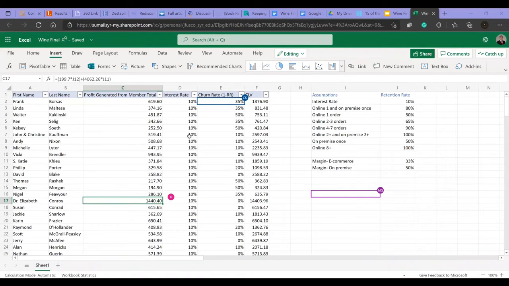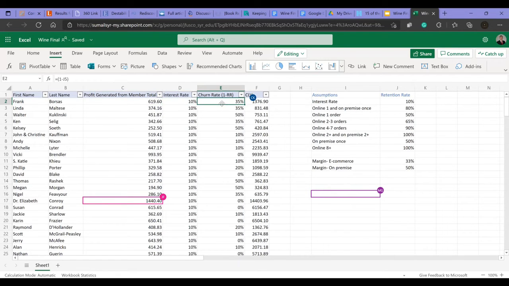So here's our Excel file. Because the data is so large, for the sake of the presentation and being able to clearly show the data, this is just a sample where we cut down to 50 club members to show how we calculate their CLV. For example, take Frank Borsas here. We got his total profit generated from his sales, and then we multiplied that by an interest rate of 10%.